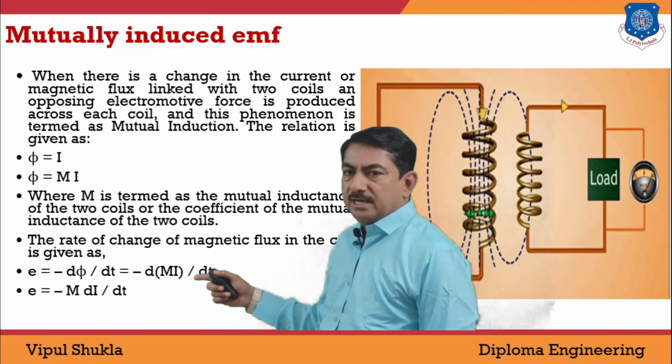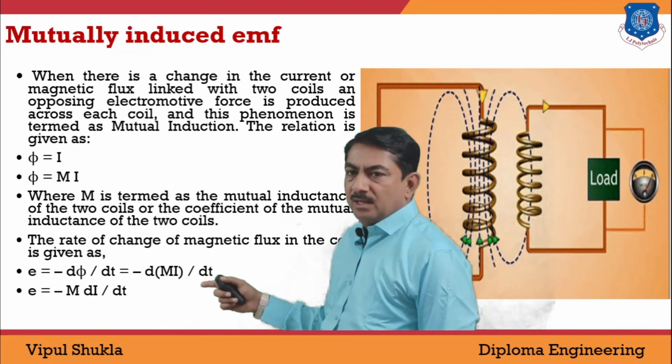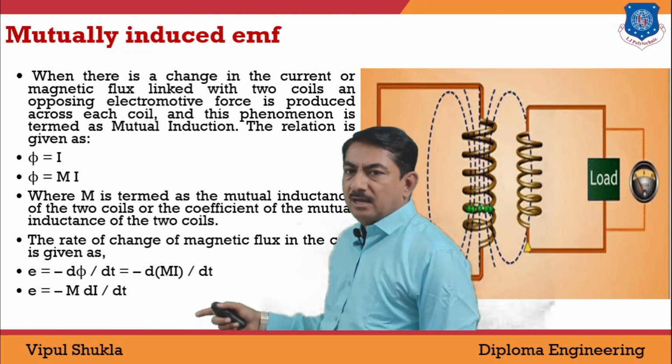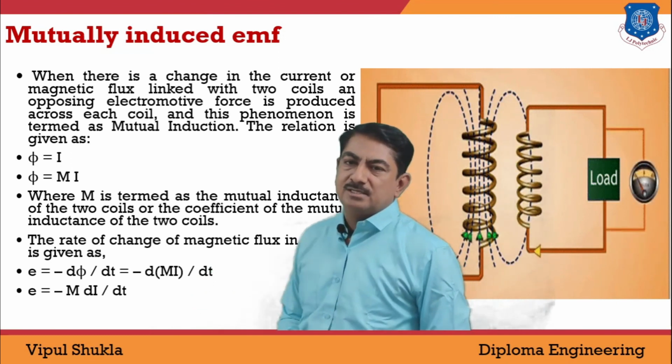Instead of phi, we put M into I, where M is the mutual inductance, divided by dt. So finally we get E equals minus M into di by dt. Remember, here M is the mutual inductance and the unit of mutual inductance is the Henry.